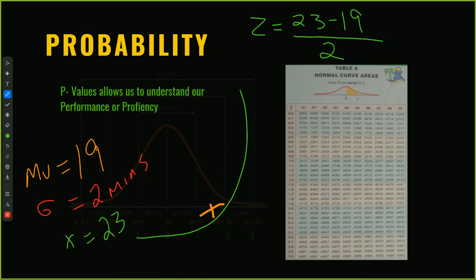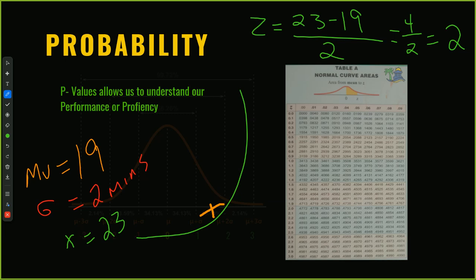So when I do this, I find 23 minus 19. I get a value of 4 over 2, which is just going to equal a z-score of 2.